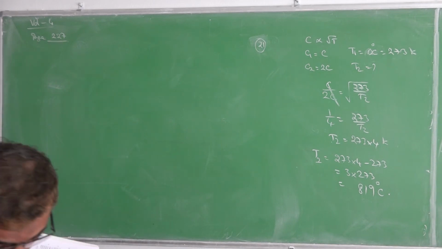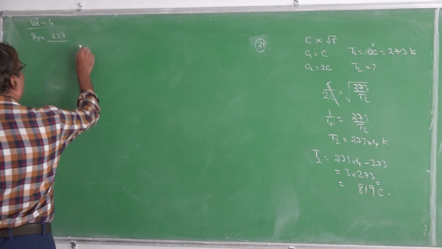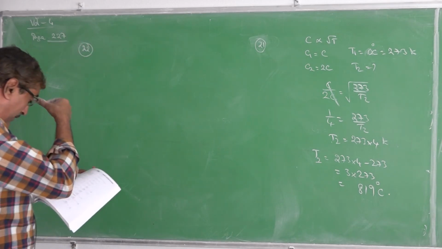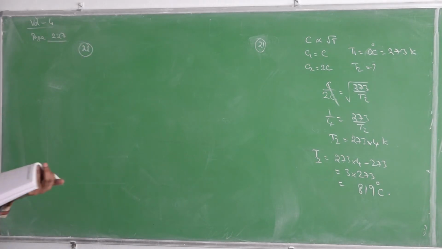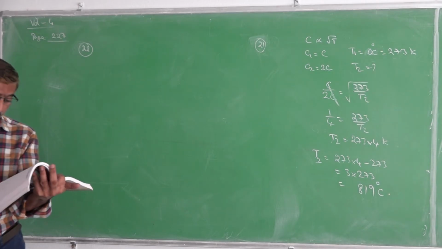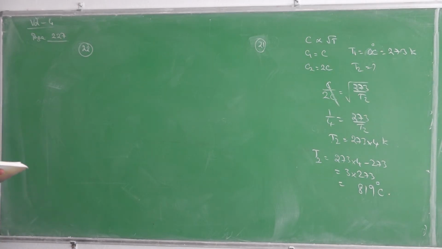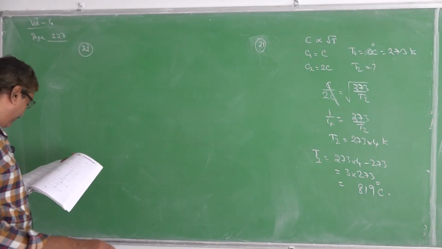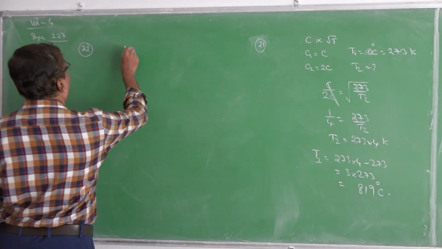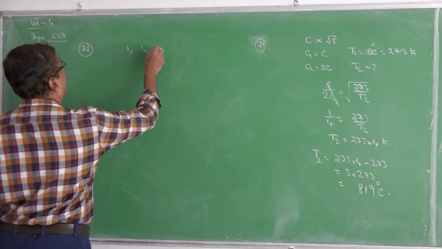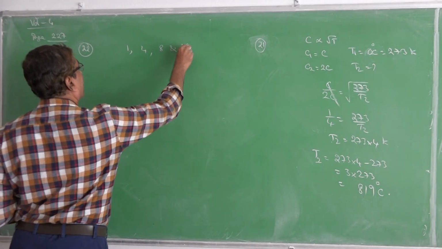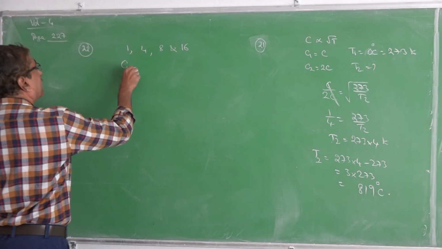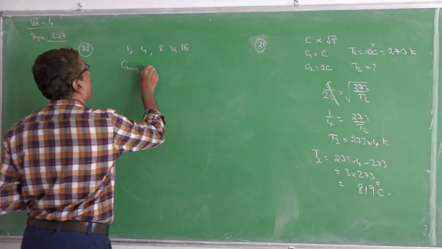Okay, 22. Four gas molecules having speeds 1, 4, 8 and 16. The RMS velocity of the gas molecule is, find the C RMS.